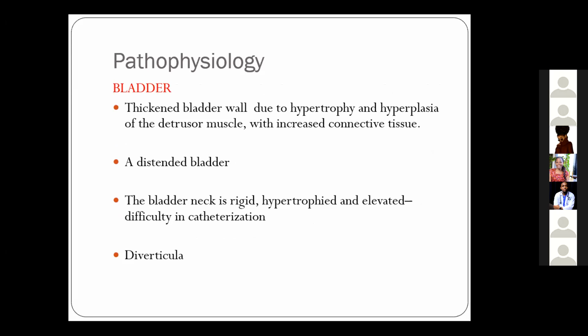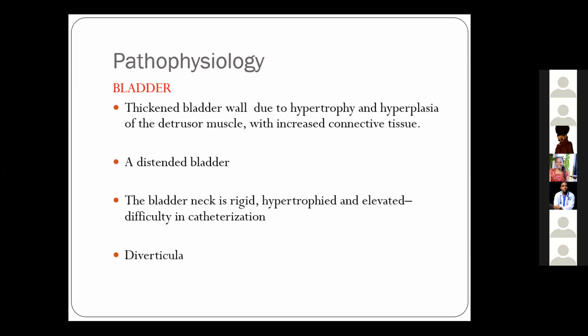There is a thickened bladder wall due to hypertrophy and hyperplasia of the detrusor muscle with increased connective tissue. And we know that if that happens, then the compliance of the bladder is distorted, okay? The compliance means the ability of the bladder to accept urine until a significant volume when someone feels like urinating.